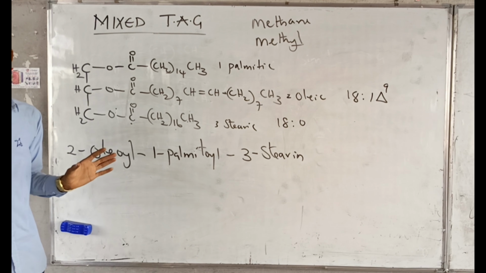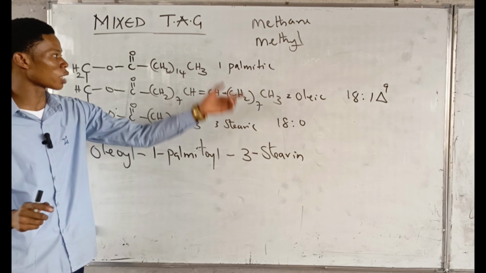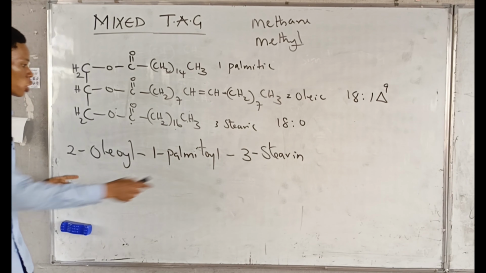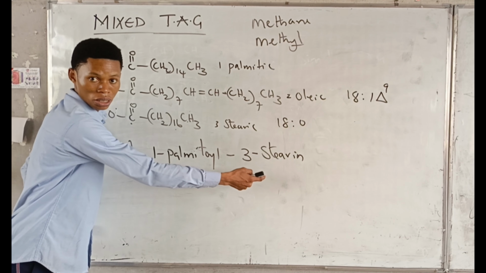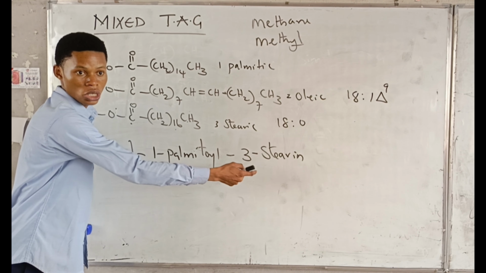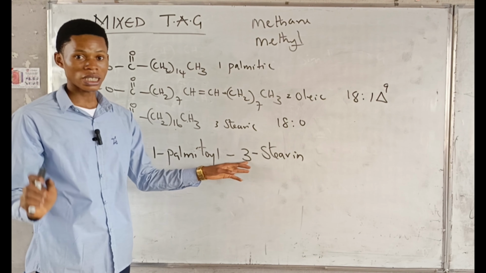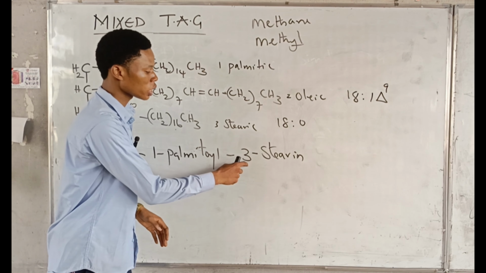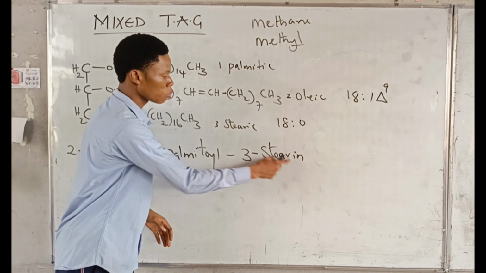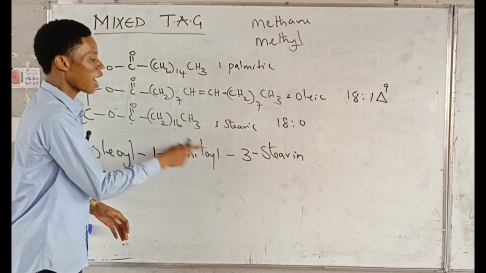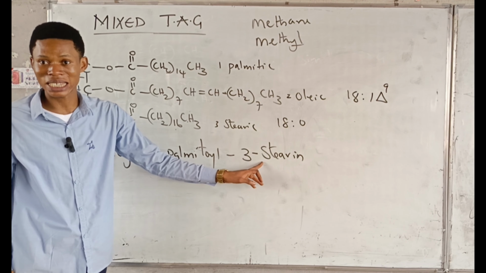You just indicate their positions. So if the stearin was at position 1, you still name it the same way, but here you now have 1-stearin. You say? No. Now listen. We are not putting 3-stearin because we are not using this, because this is the last alphabetically. S is the last.